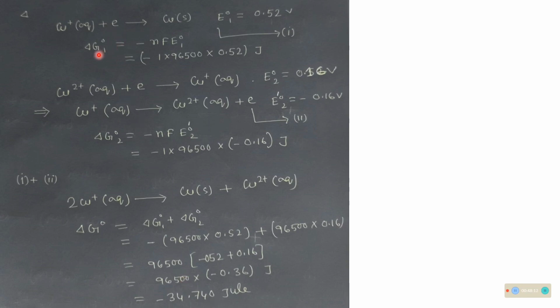So you first calculate del G01 for the reduction reaction, and del G02 for the oxidation reaction, and by adding these two equations we get the whole cell reaction. The addition of del G01 and del G02 should be equal to the overall del G0 of the overall cell reaction. I think you all understand this type of question.